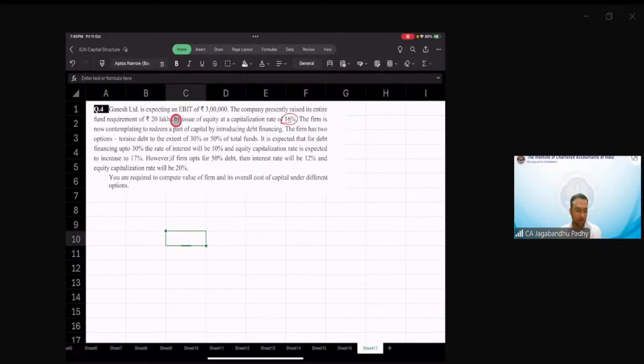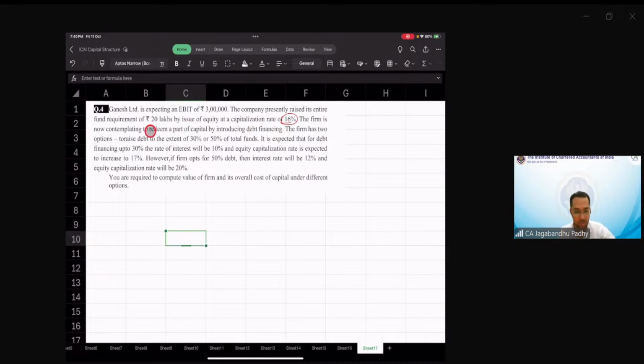Ganesh Limited is expecting an EBIT of 3 lakh. The company presently raised its entire fund requirement of 20 lakhs by issue of equity at a capitalization rate of 16%. The firm is now contemplating to redeem a part of capital by introducing debt financing.